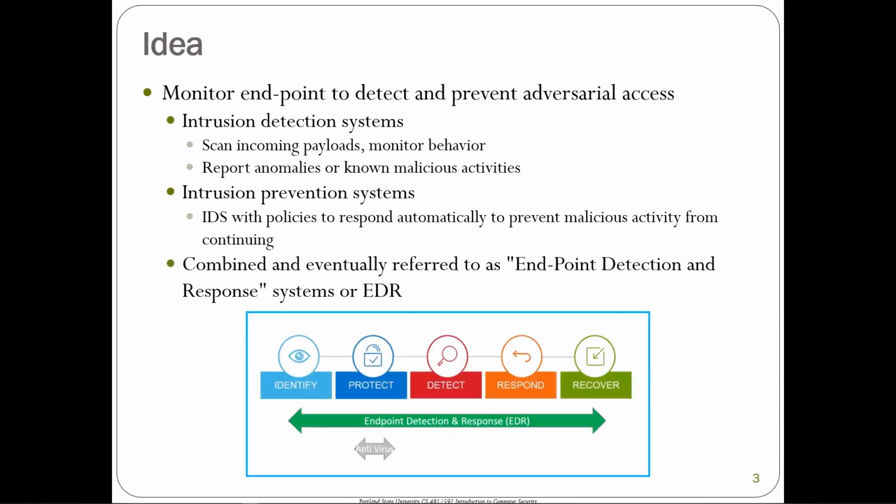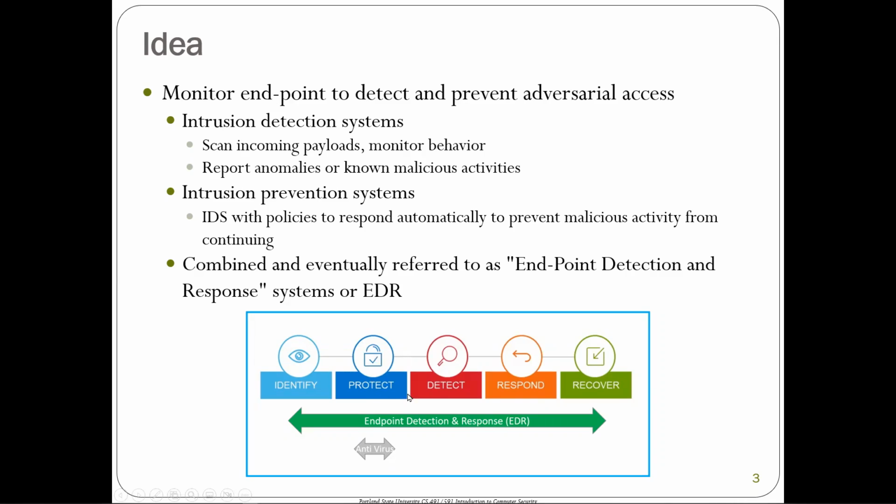And then these two things were combined, and now they're referred to as EDR systems, endpoint detection and response. Here's the workflow for EDR systems. You identify things as they're happening on your system. If there are incoming payloads that you can scan, then you scan them and eliminate them.